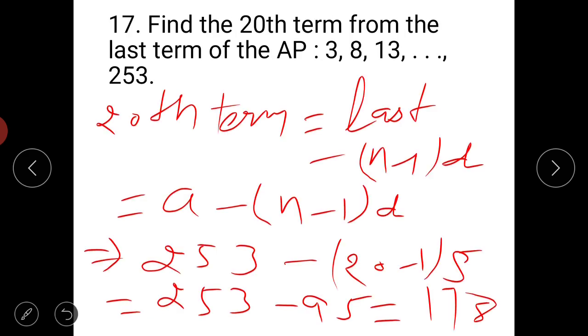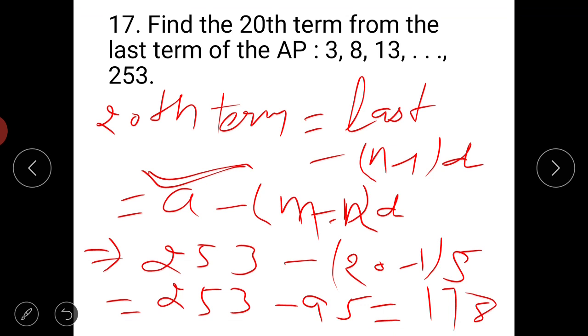And again you can go for the first formula. Here a is 3, and first you have to find the number of terms. If you want to apply this formula, you have to find m minus n into d, where m is the number of terms.